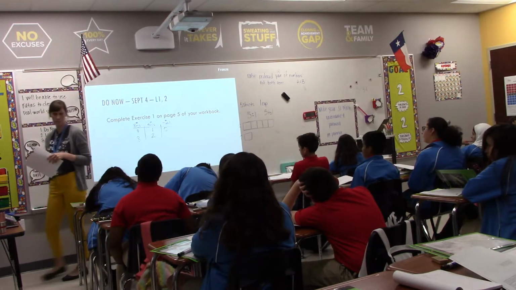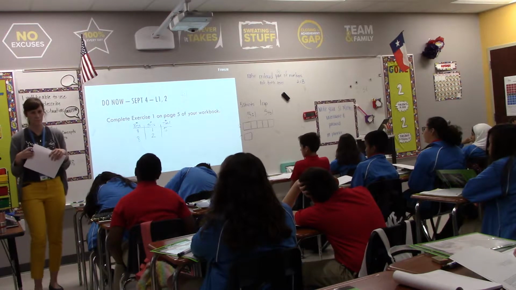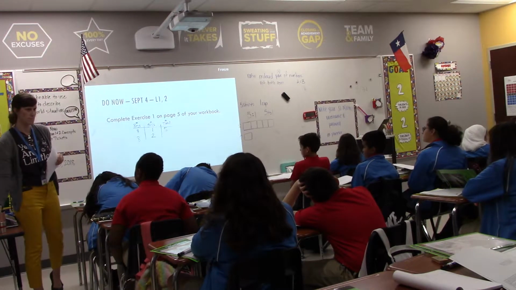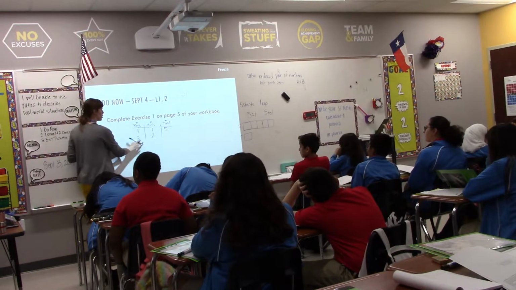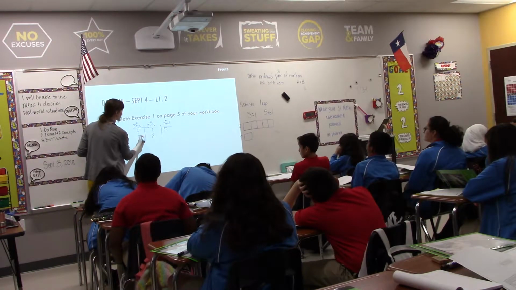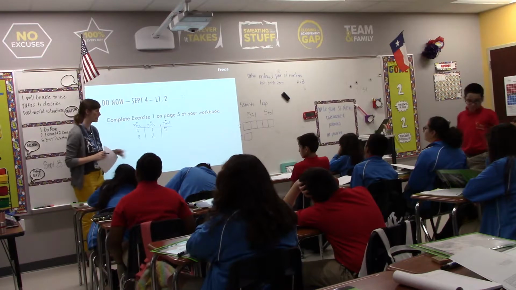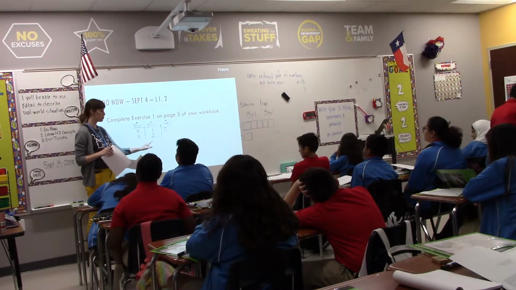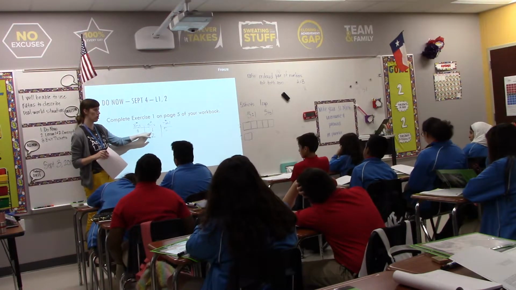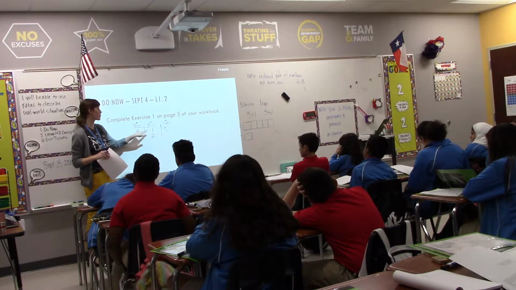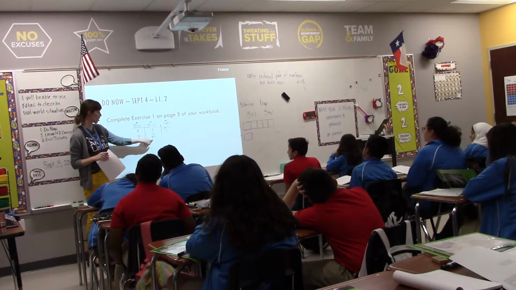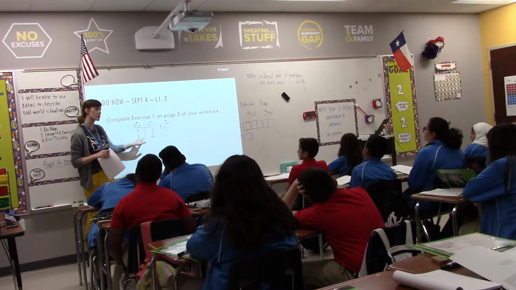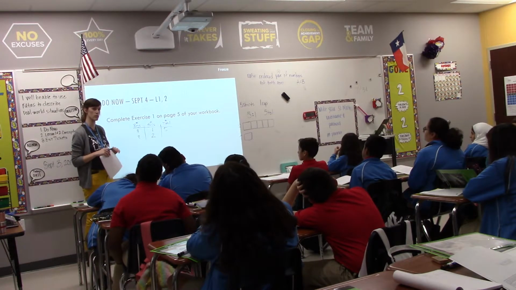How do you know that? Since one girl equals 4 boys, and now there's 2 girls, so it's multiplication. So Gianna is pointing out the relationship between these two numbers. 1 girl times 4, because there's 4 times as many boys, right? 2 girls times 4, because there's 4 times as many boys.